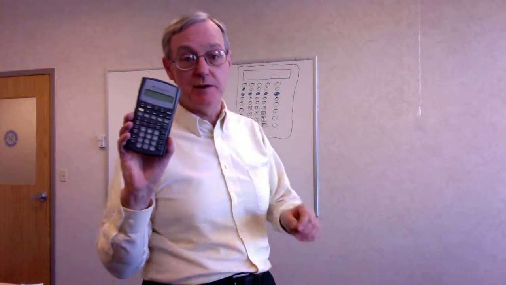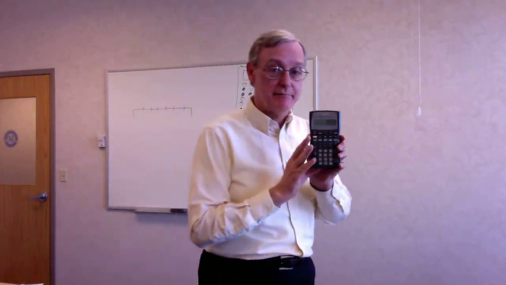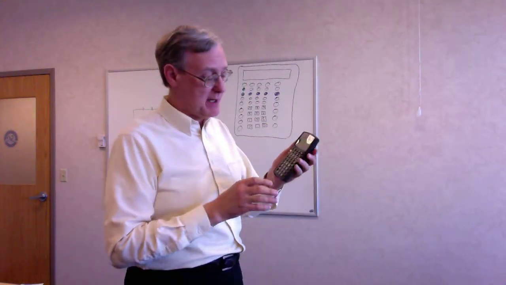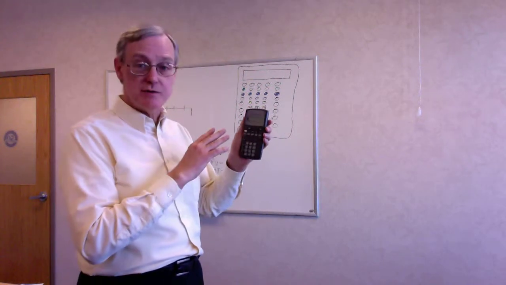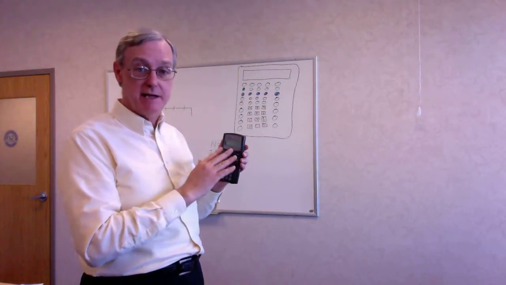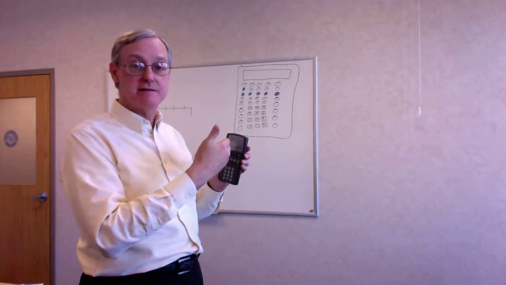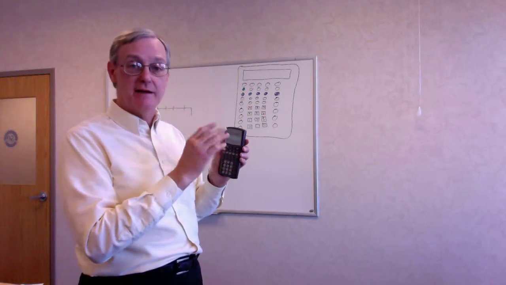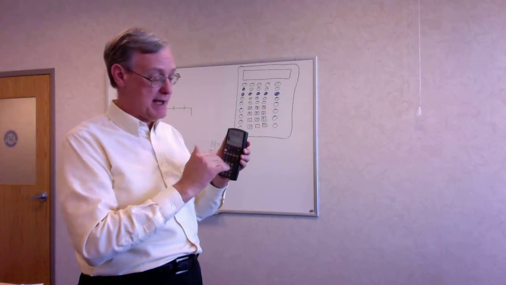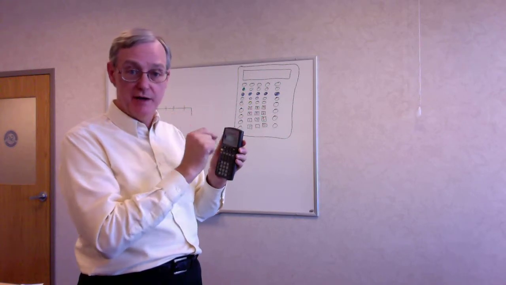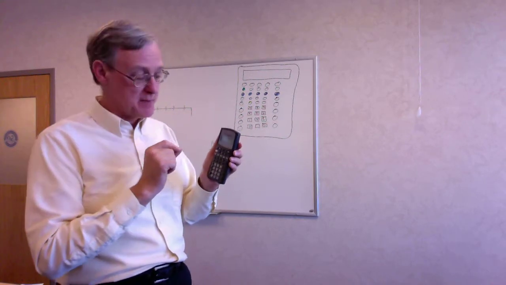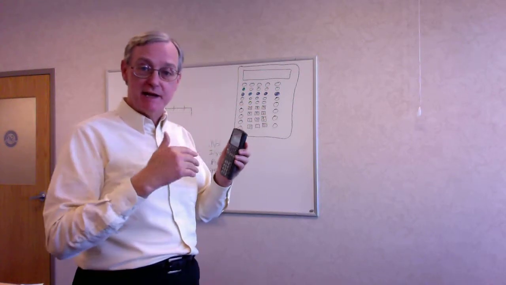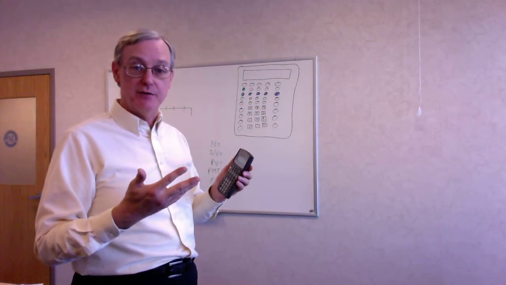Now, you'll notice when you look at this calculator that it has numbers or symbols on the keys, and it has numbers or symbols, mostly symbols, on the plastic case, usually just above the key. So this is really important, because that means each button has often a double function.